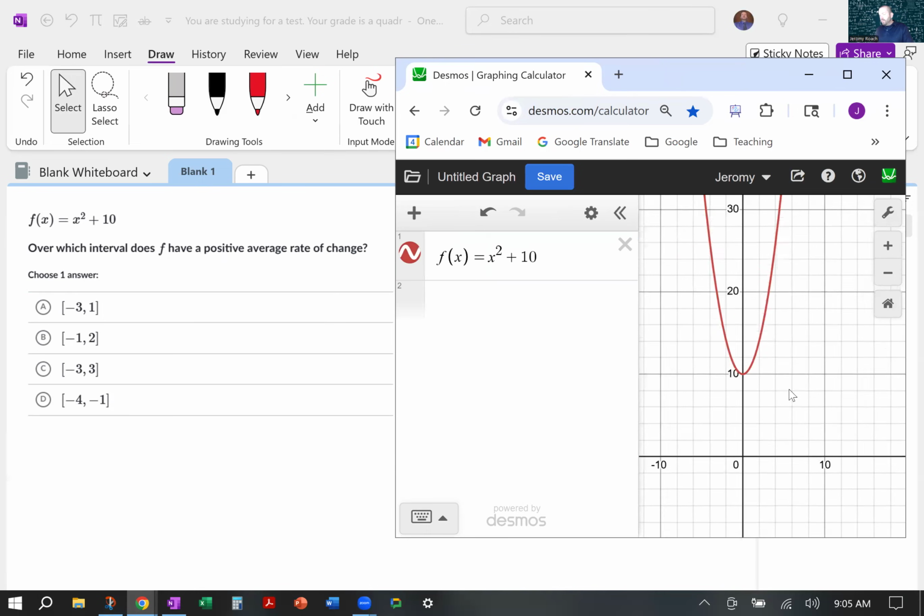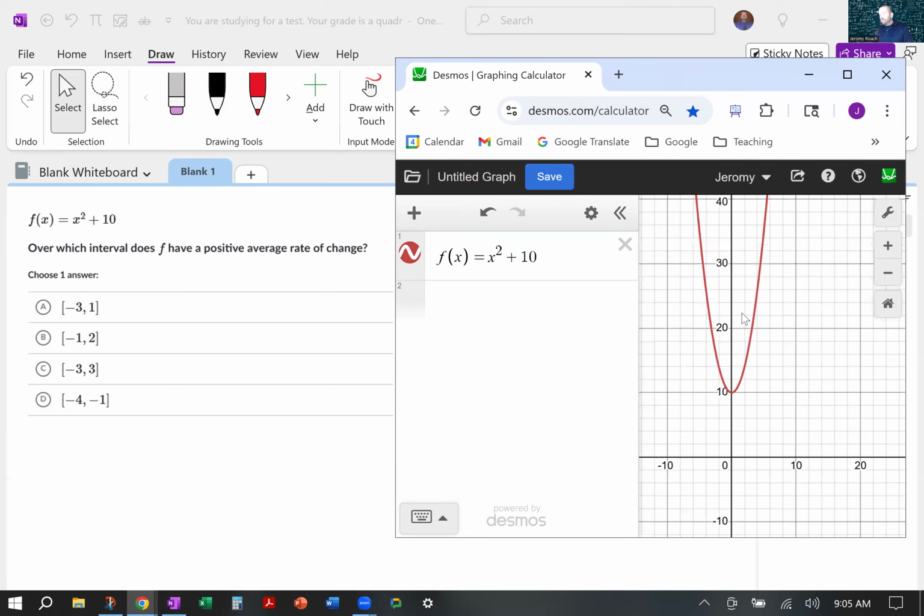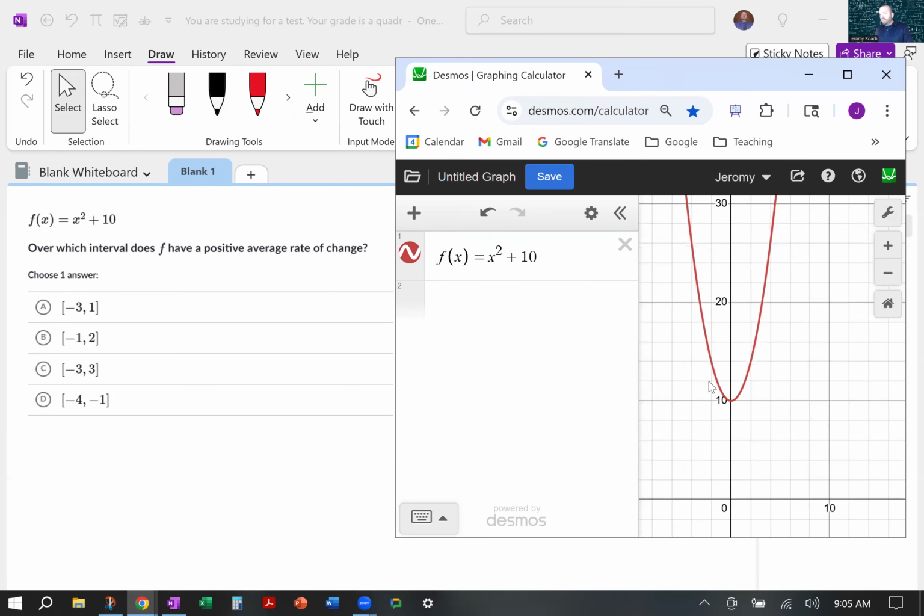You can zoom in and out if you need to look at your graph in different ways. It'll change the scale of the graph. So now it says, over which interval does f have a positive average rate of change? These are all options of the slope between these two x values, and we're trying to find which is positive.